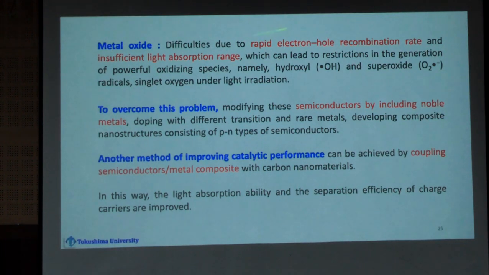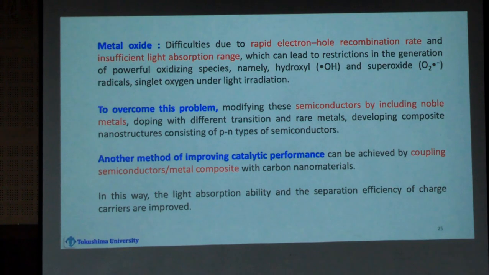So what basically you did to overcome this problem, you add metal, but still the efficiency is not up to the mark. We still want to improve. So another thought come, we can couple this semiconductor metal composite with carbon nanomaterial. Earlier, metal oxide, then there is metal oxide and metal, or metal oxide and carbon, and now it's metal, semiconductor, and third is carbon nanomaterial.